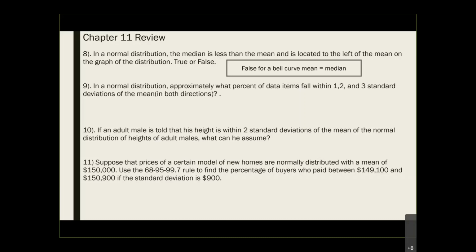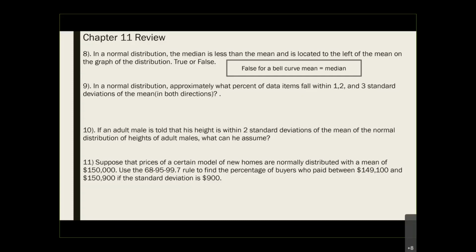Ideally your mean, median, and mode are at the same location, and that's what a normal distribution is. It's ideal data. If you collect data, it won't be that ideal, but we want it to be, which is why we say approximately normal. So this is false. The mean is equal to the median at that same location.